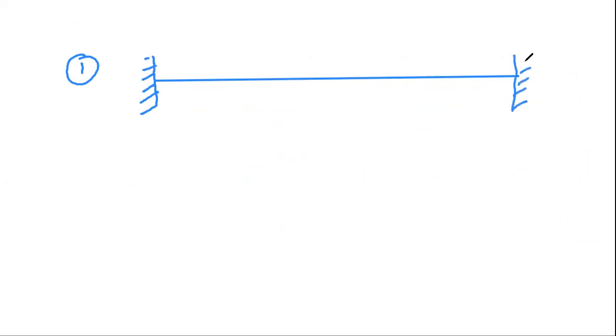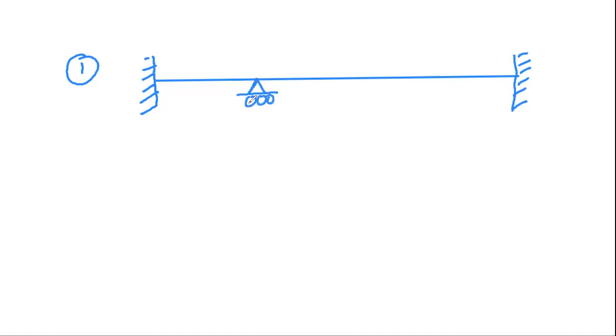So this is the beam. This is the continuous beam, and as I told you, both ends are fixed. In between there are rigid supports.